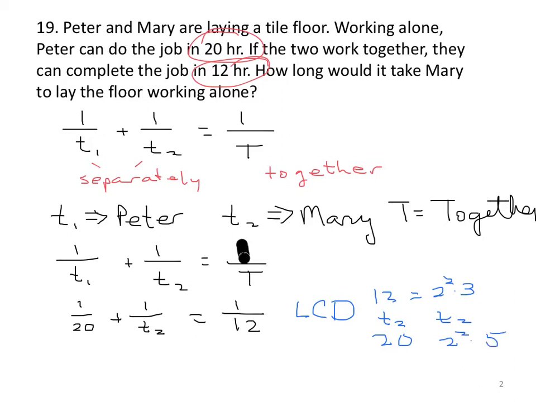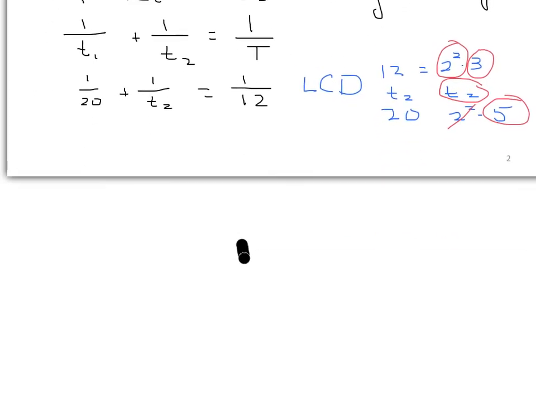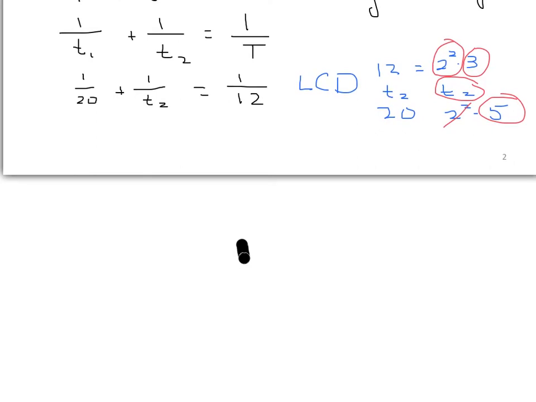So we have 2 squared times 3, T2, and 2 squared times 5. We circle one of the T2, and then we circle everything else. And the least common denominator is going to be 2 squared, which is 4, times 3, which is 12, times 5, which is 60, times T2.